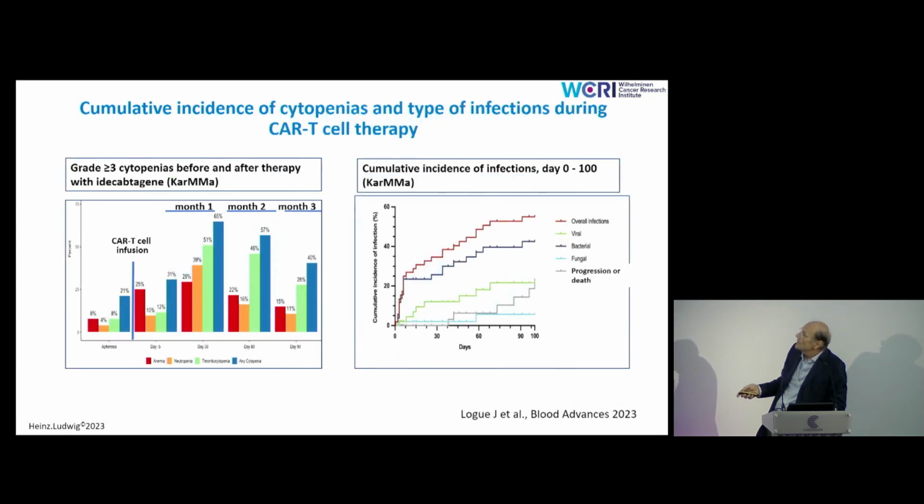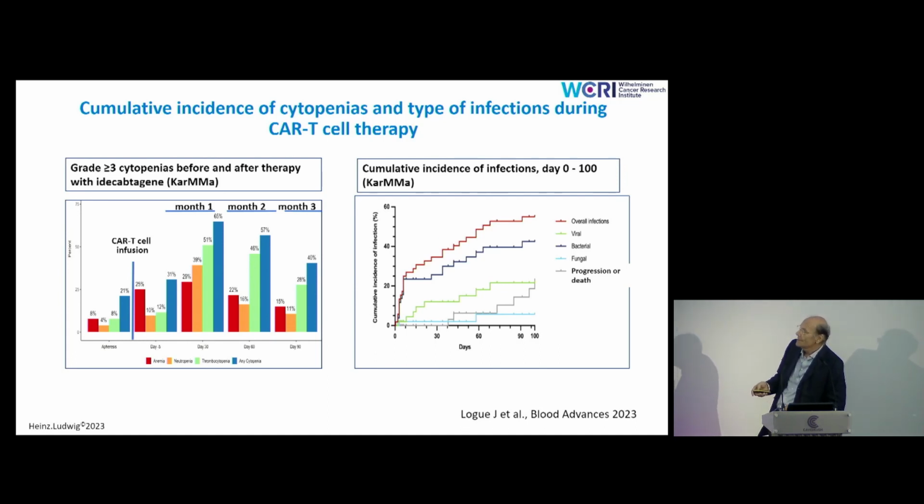Now, of course, in CAR T cell therapy, your patients are up to now handicapped because they have been pre-treated, have had several lines of therapy. But I must say, we can discuss it later, studies pushing CAR T cells into first-line therapy have already been started.